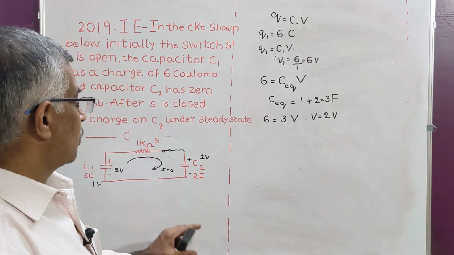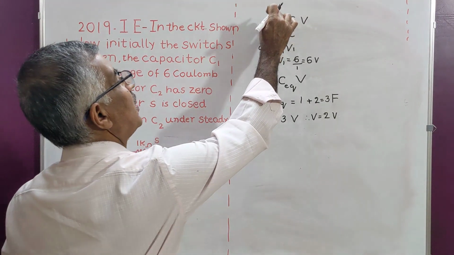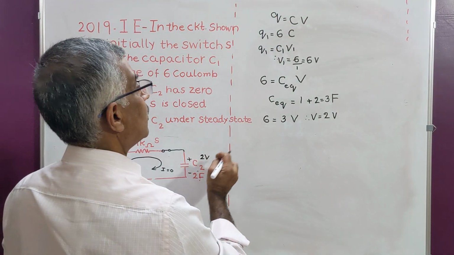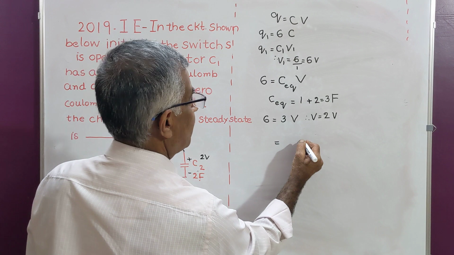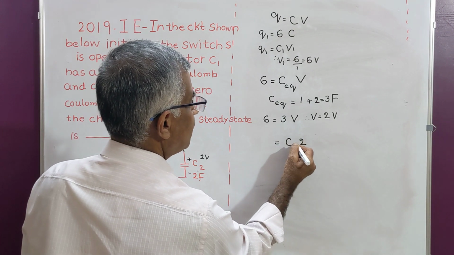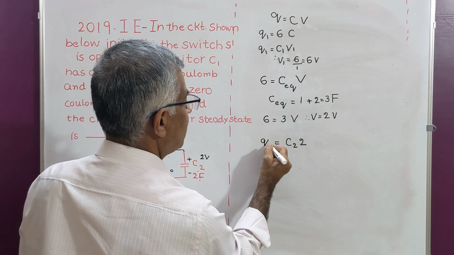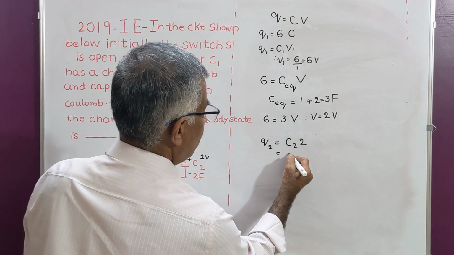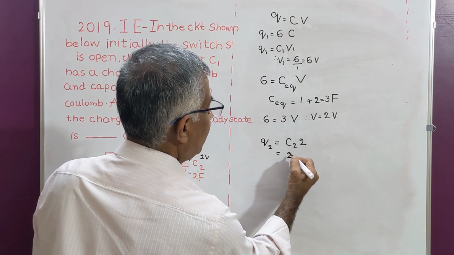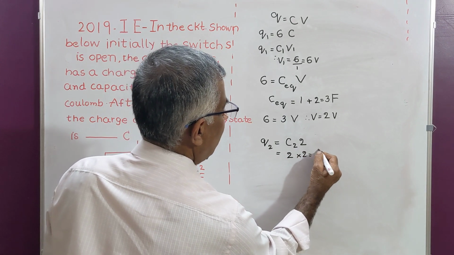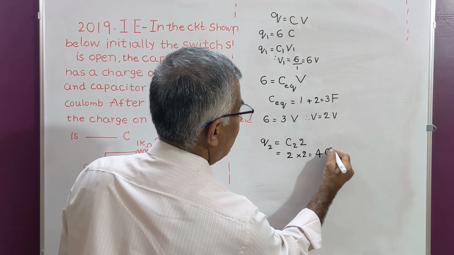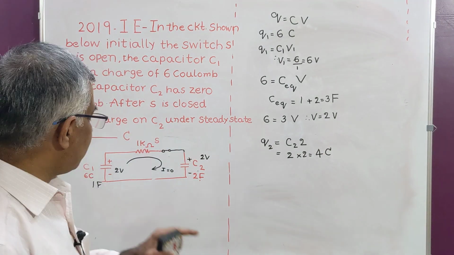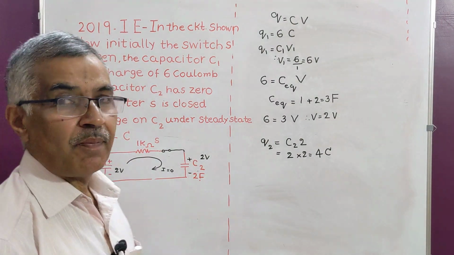2 volts, 2 volts. Now once again we shall apply this equation to this capacitor. So 2 volts here, capacitance C2, and Q2 is the charge. Q2 is equal to 2 farad into 2, that is 4 coulombs. So earlier C1 was having 6 coulomb.